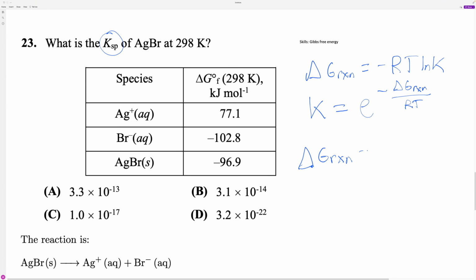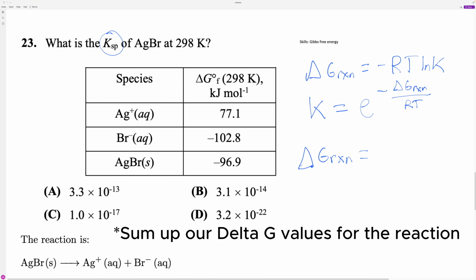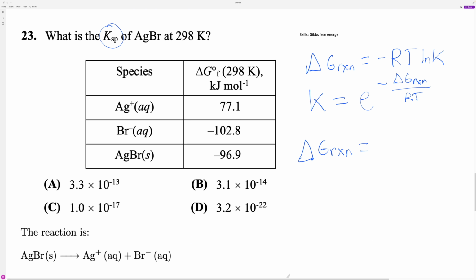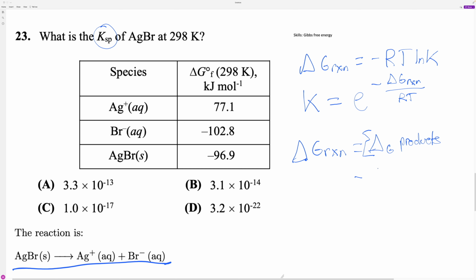We can just sum up our reaction here for the dissolution of AgBr, and that reaction is here. So we're going to use delta G of the reaction equals the sum of delta G of the products minus the sum of delta G of reactants.